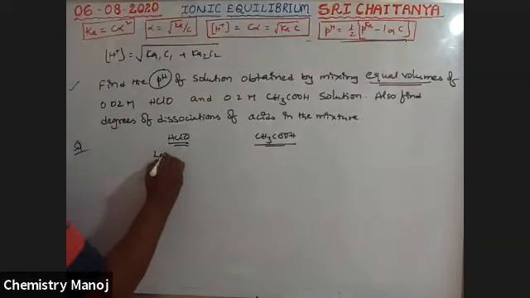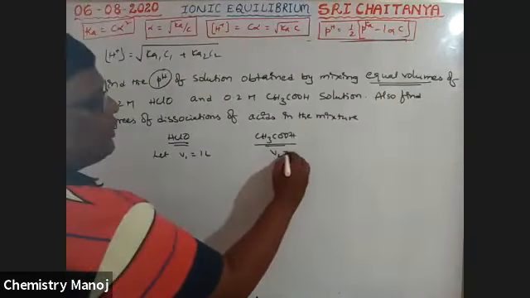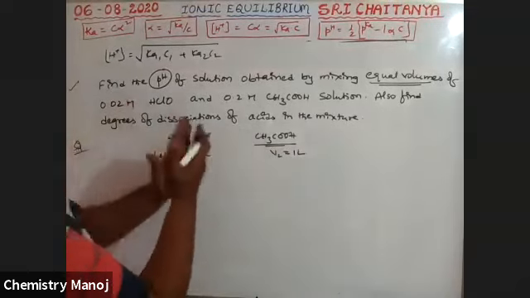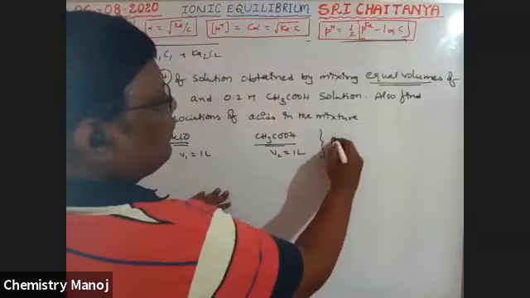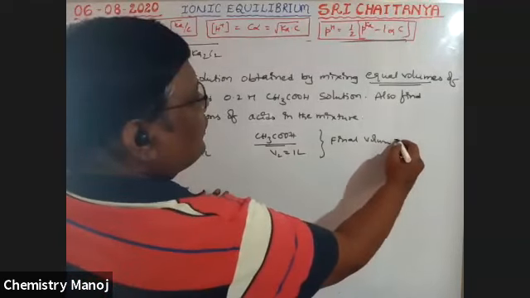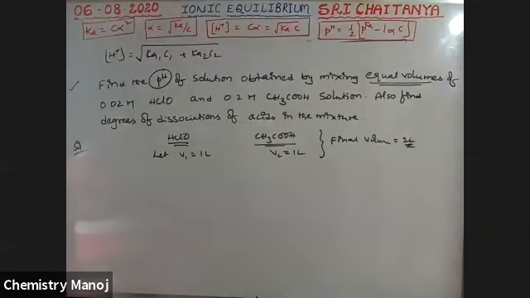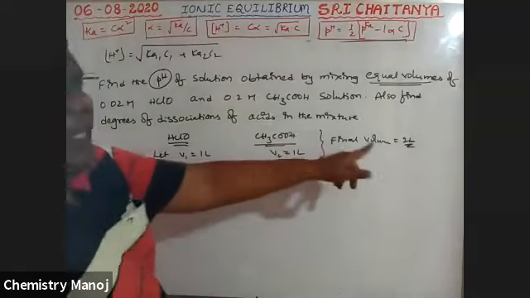Let volume V1 be equal to 1 liter, V2 equal to 1 liter. If these two are mixed, the final volume is equal to 2 liters. Therefore, our answer should be with 2 liters and not 1 liter and 1 liter. These two are mixed, that means a 2 liter solution is there.